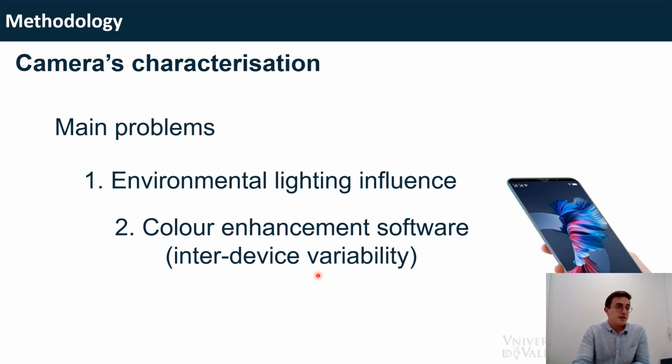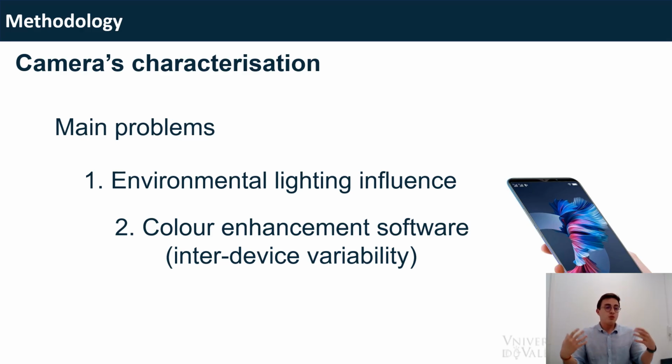That means that the smartphone will capture the light, and it will be, of course, influenced by the lighting environment, but it will also be influenced by whatever the smartphone is doing to that information in a second background. We cannot know what is going on inside, and we will always get the final information.